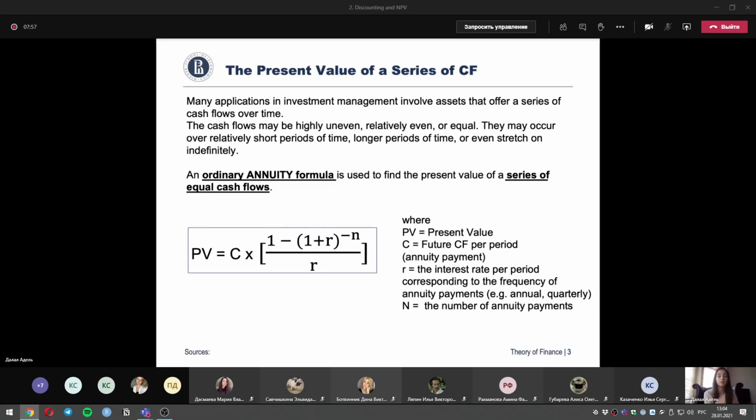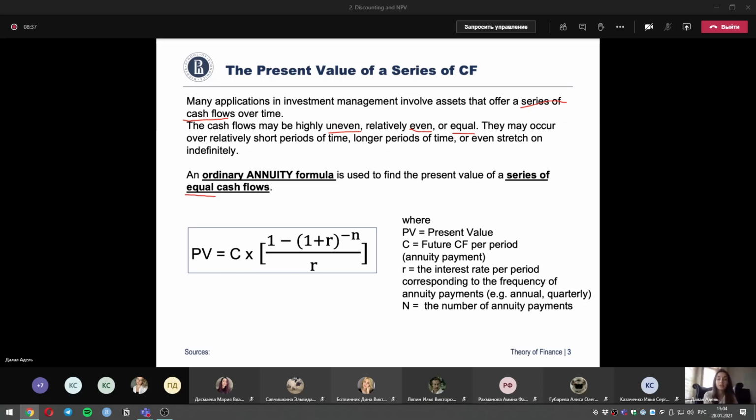So at that time, we worked with one cash flow. However, as you may know, many assets offer a series of cash flows over time, not just one, and they may be uneven or equal. If a financial asset, or any asset basically, offers us a series of equal cash flows, then we can shorten our calculations of the present value of this asset by using the ordinary annuity formula.